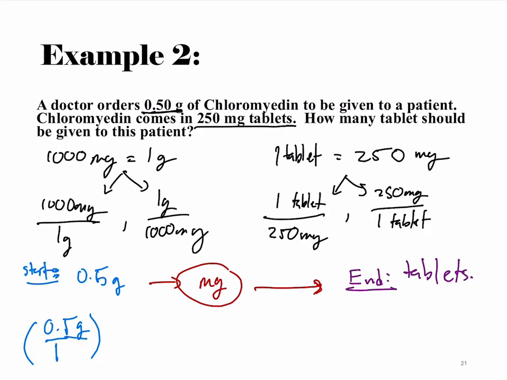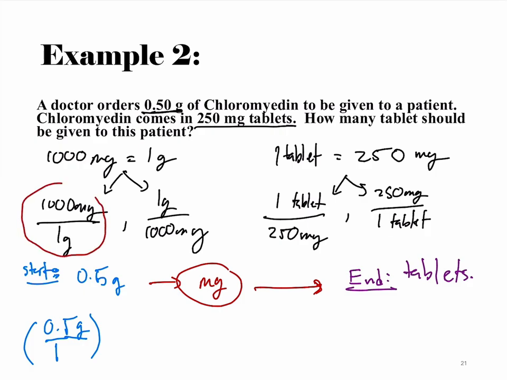Anything that's just a number is technically over 1. To get to milligrams, what conversion factor am I going to use? We can use 1,000 milligrams per 1 gram, right? And how do you know you want to use that one? Yeah, you want the grams to cancel out, right? We have grams in the numerator, we need grams in the denominator, and that'll leave us with units of milligrams.